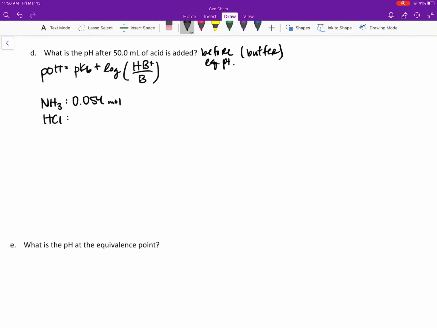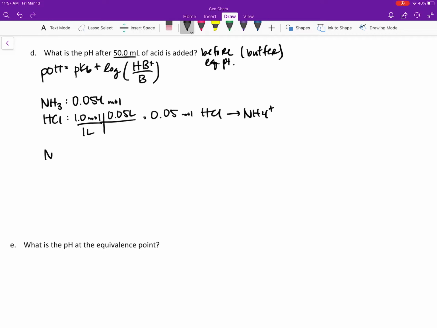I've added 50 milliliters of a 1 molar HCl, so that's going to give me 0.05 moles of HCl. The ammonia is in excess. All of the HCl is going to be consumed to produce ammonium, so all of this is going to become ammonium by consuming the ammonia.